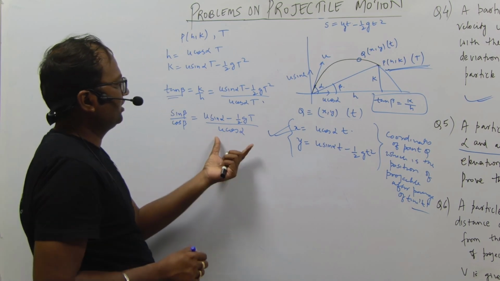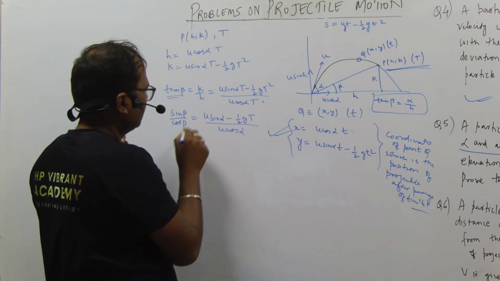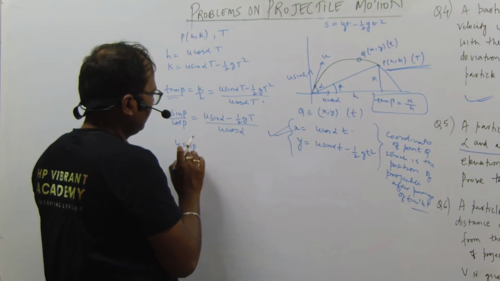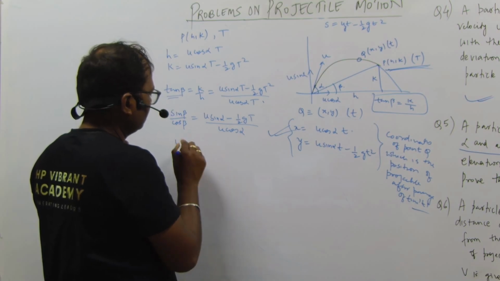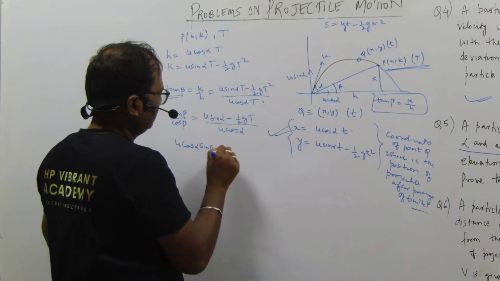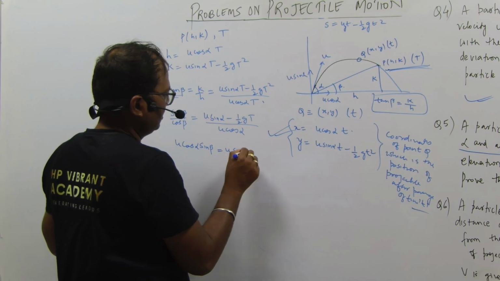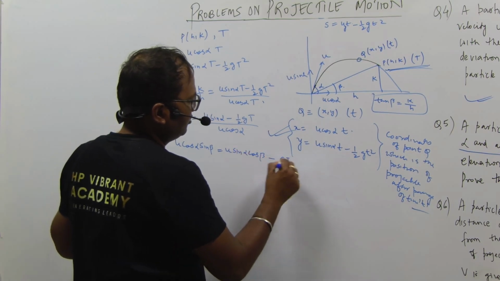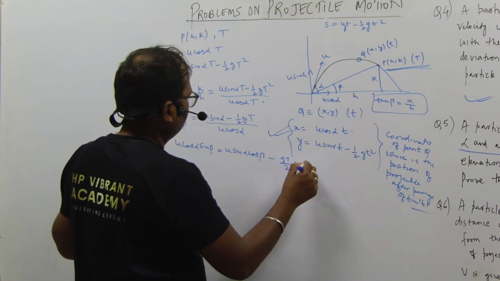Now we can do cross multiplication. So u cos alpha sin beta is equal to u sin alpha cos beta minus gT upon 2 cos beta.